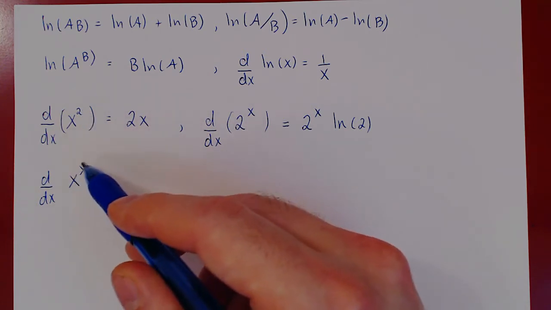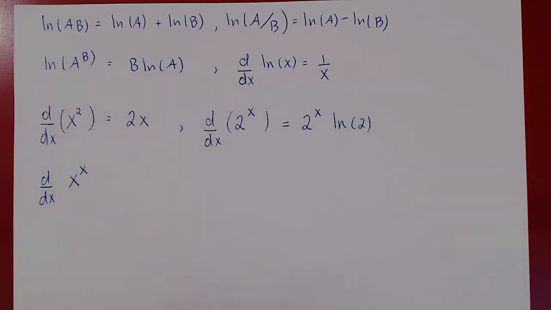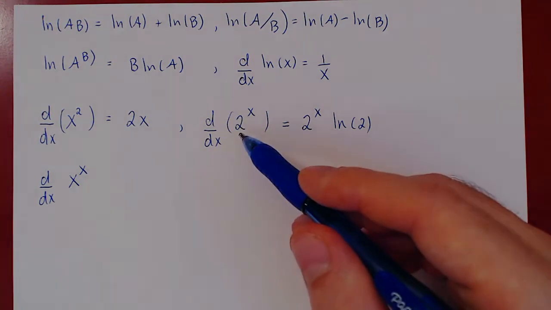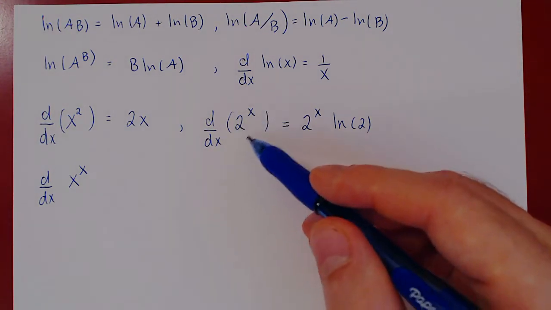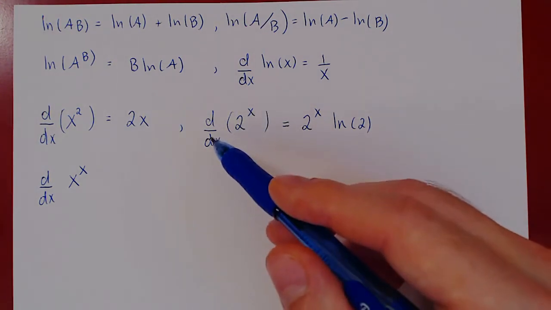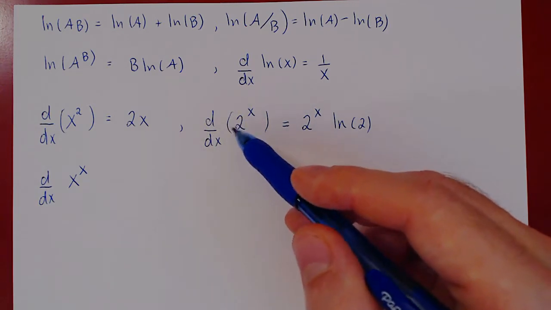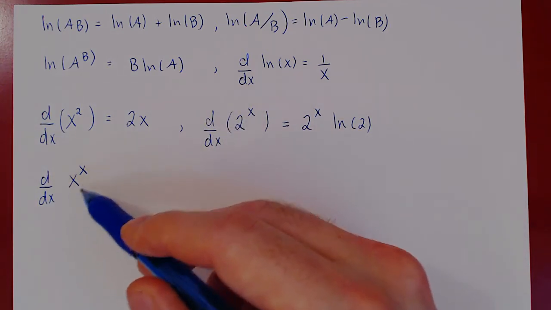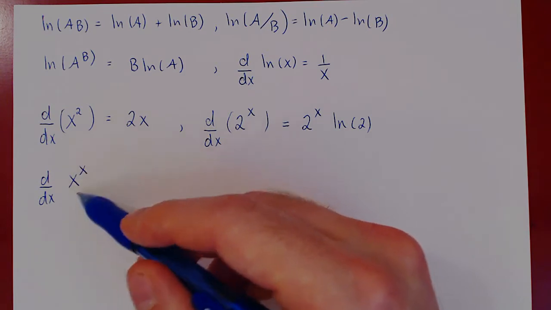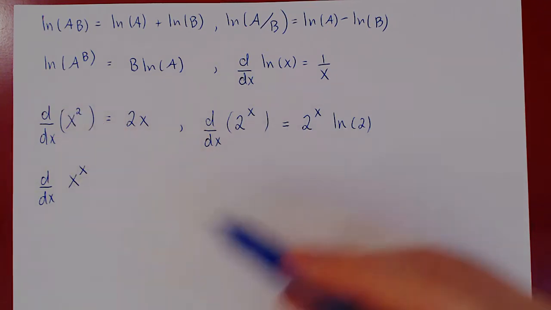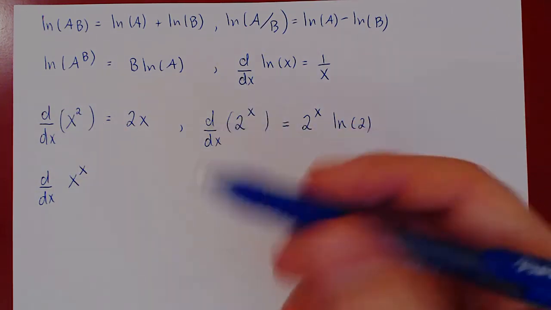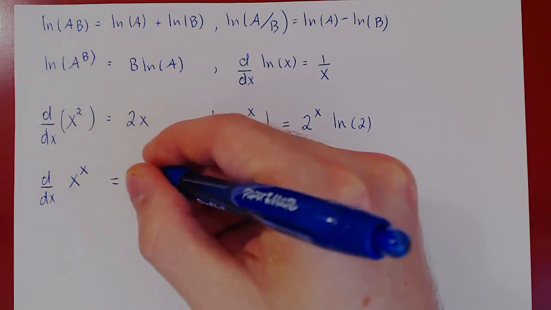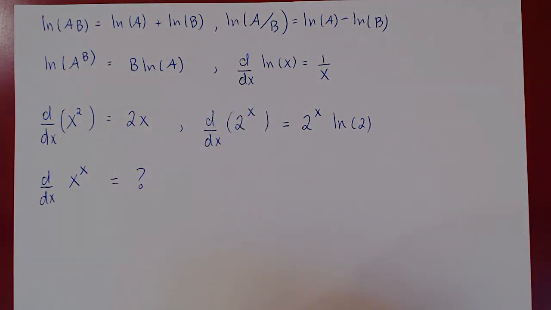The power here is a variable. Can we use the rule for exponential functions? The answer is no, because an exponential function has a constant base. The base here is changing. So this function is neither a power of x nor an exponential function. So at this point, we have no idea how to differentiate this function directly.